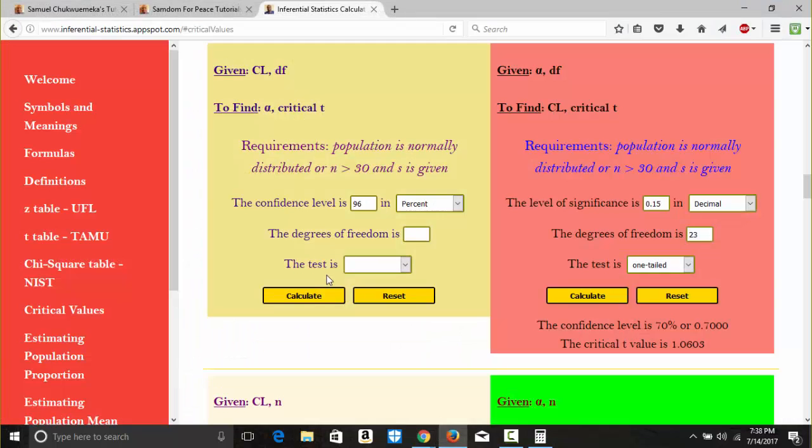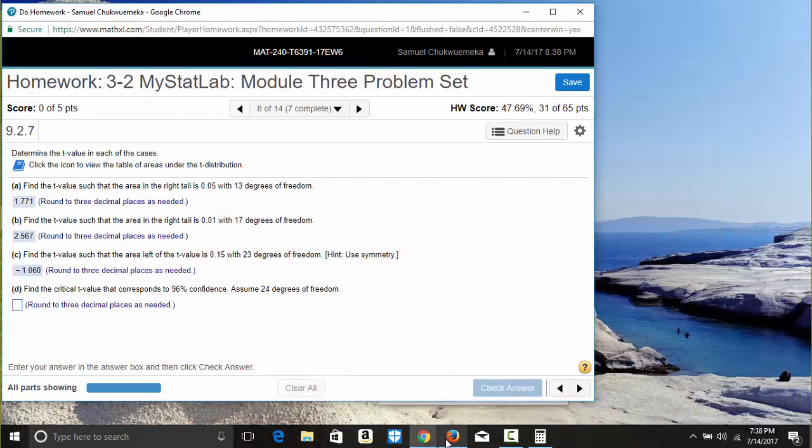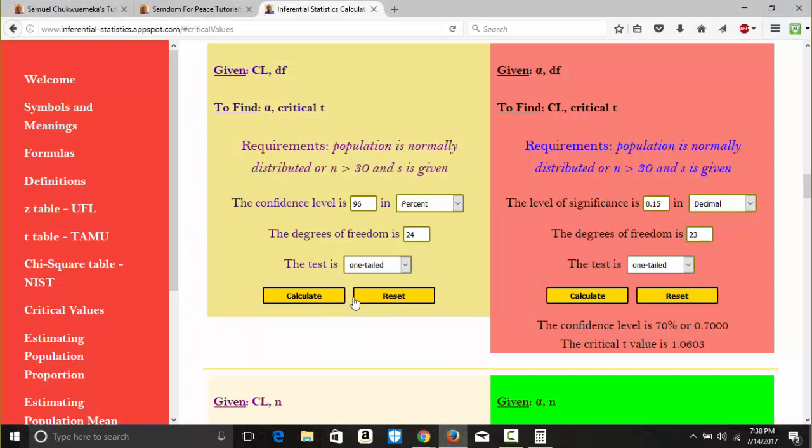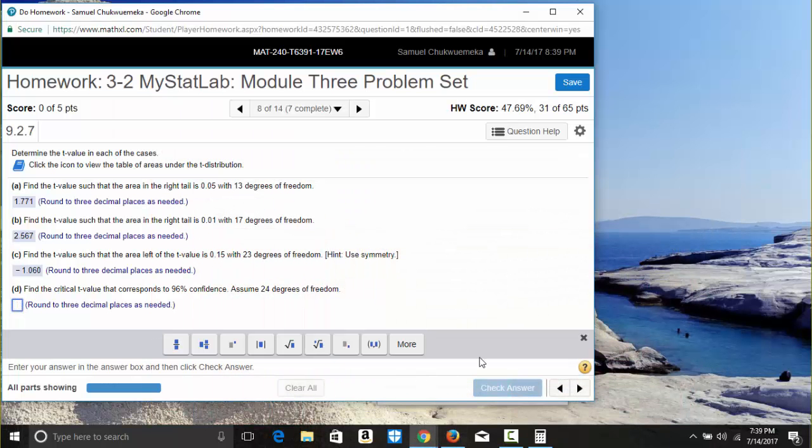Assume 24 degrees of freedom, and the test as usual is one-tailed. So we come here and calculate. The critical T will be 2.172 to 3 decimal places.